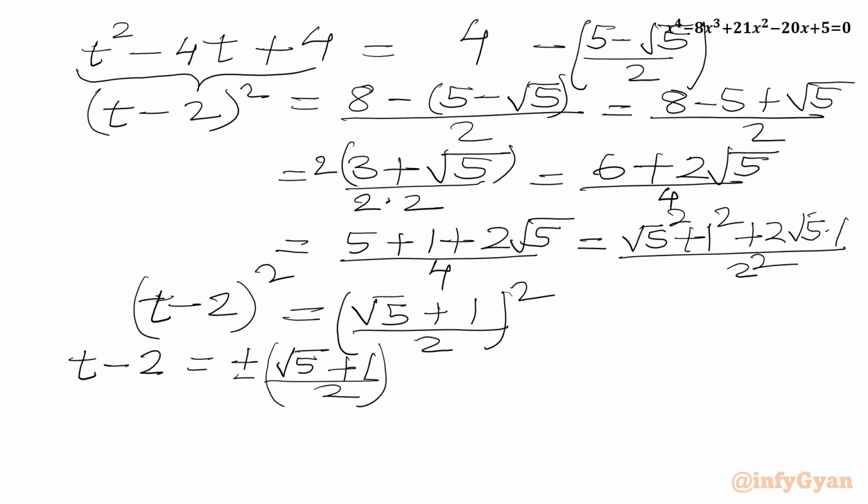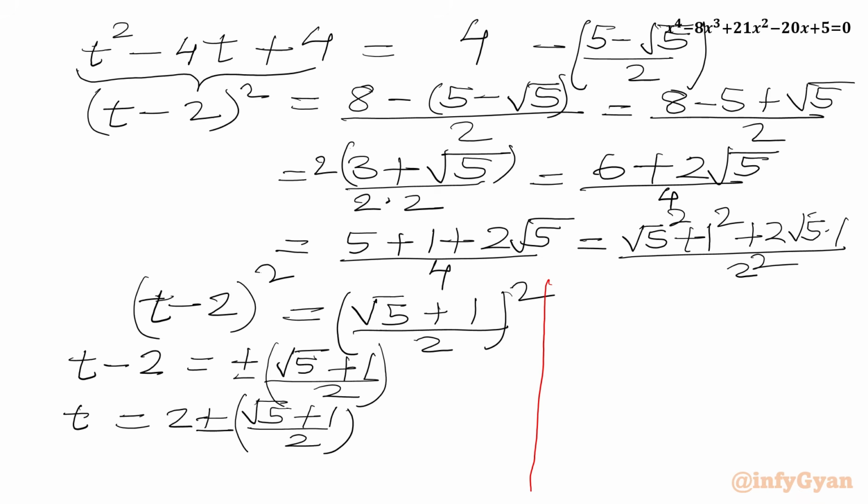Now we will add 2 to both sides. So t will be equal to 2 plus minus (square root 5 plus 1) over 2. Now we have to write c and d values. One is c, another is d. Let me write here c will be equal to 2 plus (square root 5 plus 1) over 2, so equal to 4 plus 1 is 5, (5 plus root 5) over 2.